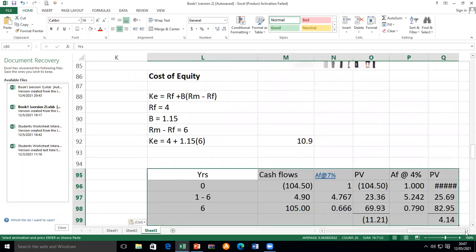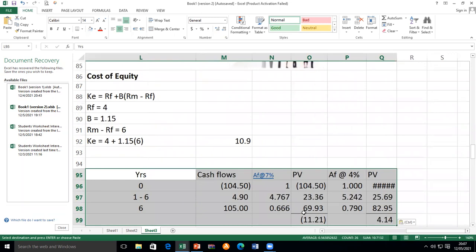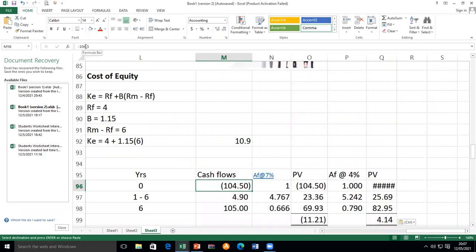There's no need of reinventing the wheel. What's the current market value?